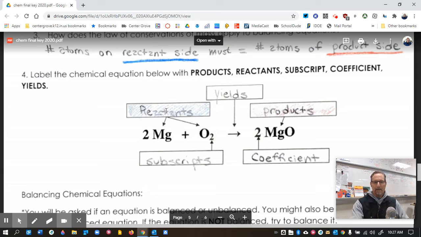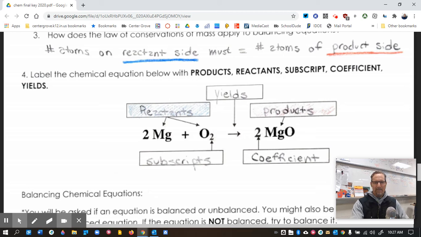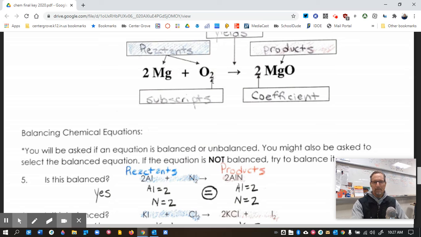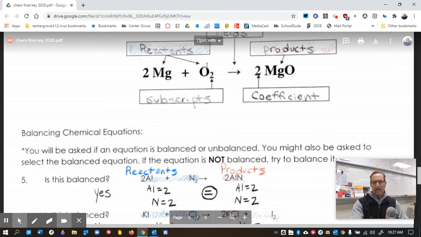Here I have my reactant side over here. Then on the other side of my arrow, I have my products. That arrow we will often say is yields, or reacts to produce the product. So those reactants react to produce the product. The subscript is the small number that applies only to that atom, that oxygen atom.